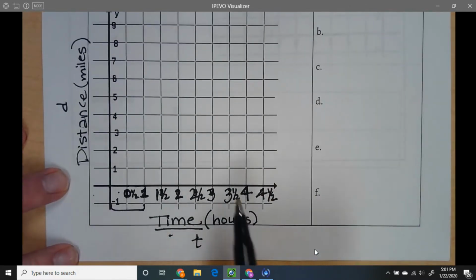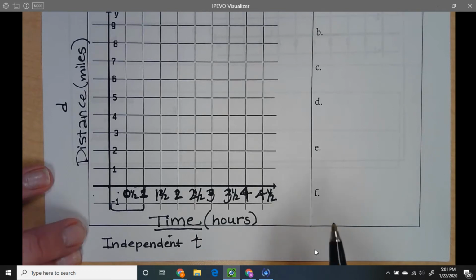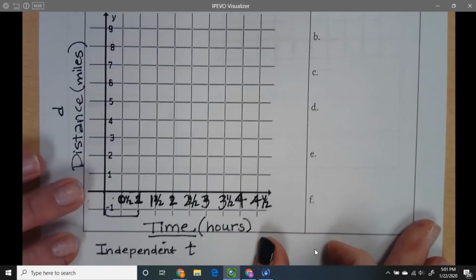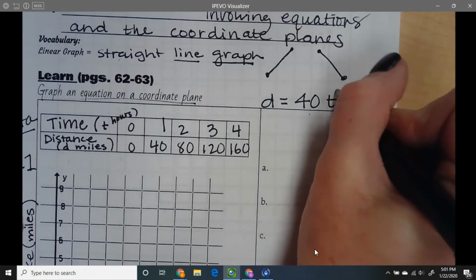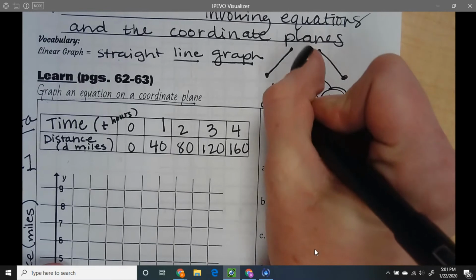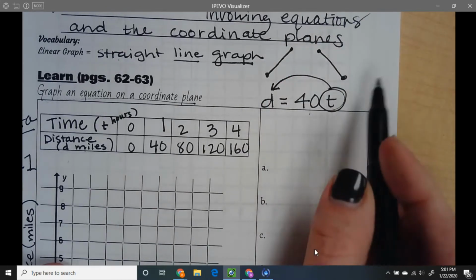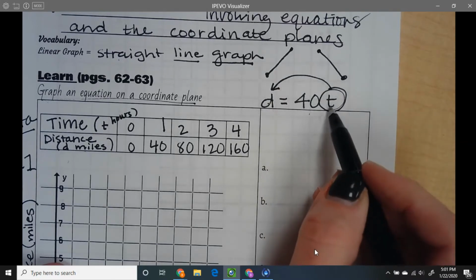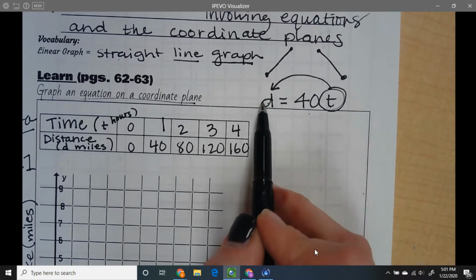Okay, so we know this is the x-axis. We have the independent variable here, and this is the independent variable from our equation. It's independent because whatever we plug in here makes the other variable change. If I plugged in 2 for the time, the D would change based on that. If I plugged in 5 for 5 hours, I'd multiply it times 40, and that would make this change.